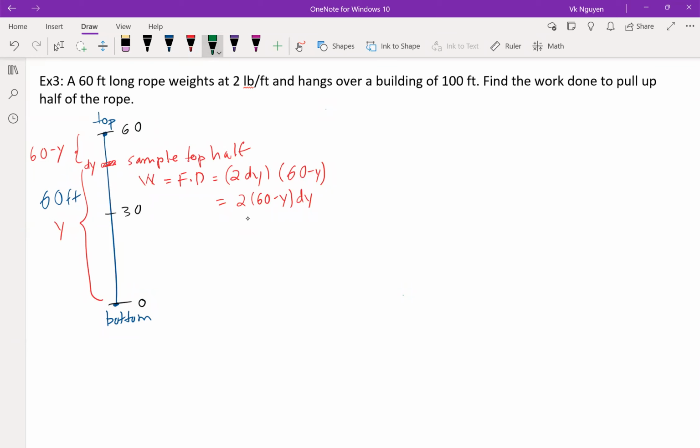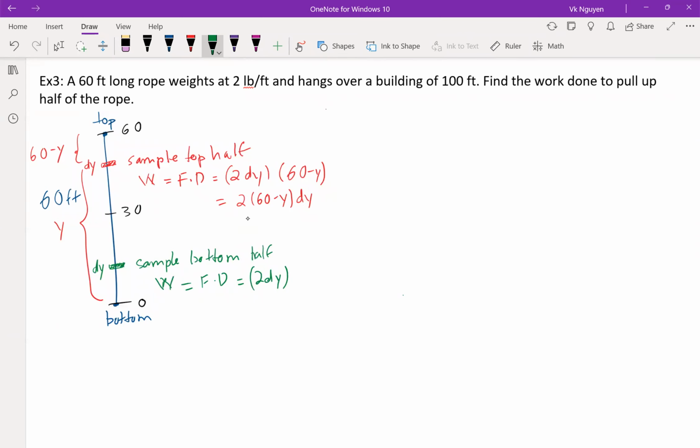When we pull up half of the rope, the bottom half also moves up. So that means we have to pull the bottom half also. And this sample in the bottom half has a length of dy. Work on this sample is force times distance, which is 2 dy.